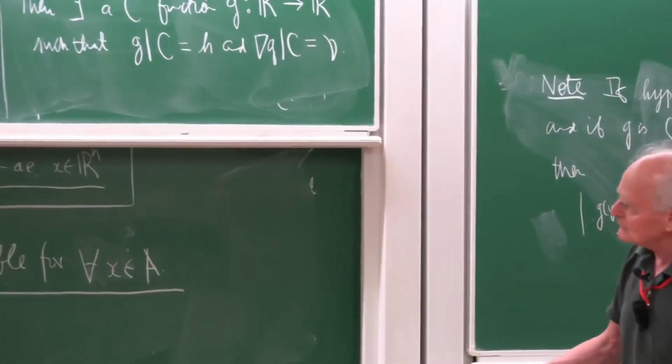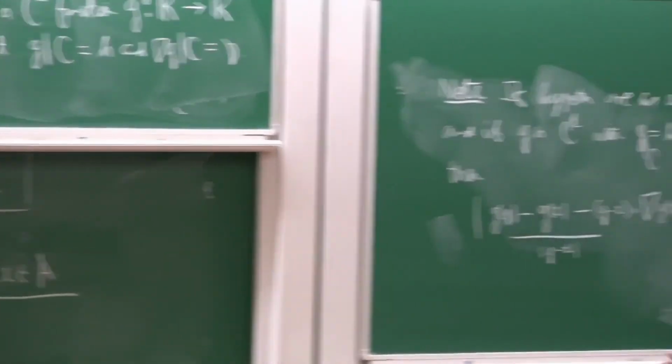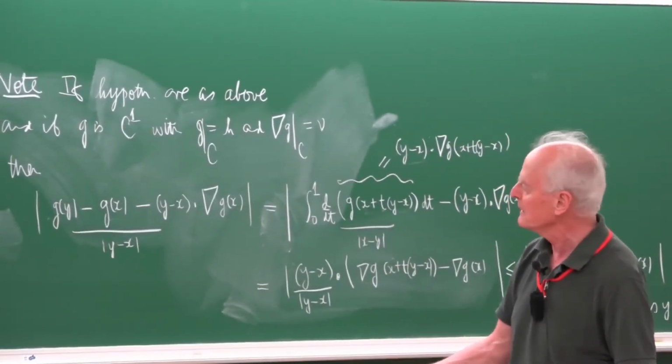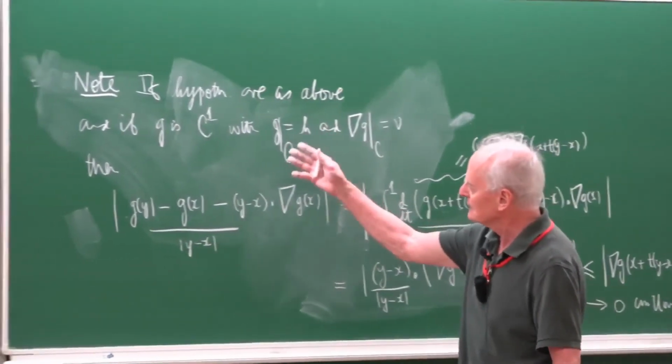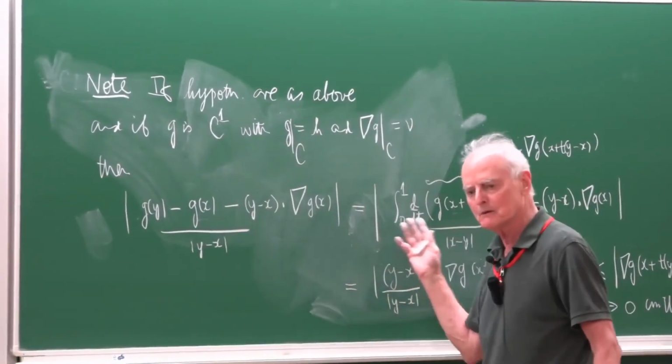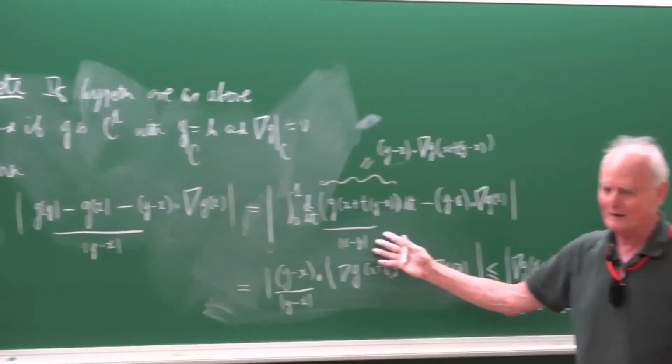Of course, what Whitney presumably did when he was trying to work out what the right extension theorem would be, he started off with a given g and just did this computation or something like it. I don't quite know, I wasn't there.